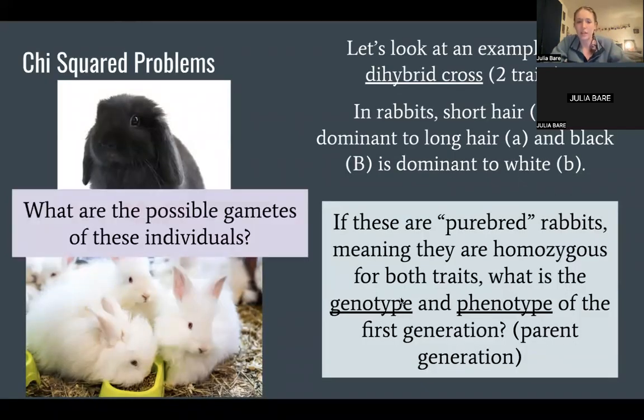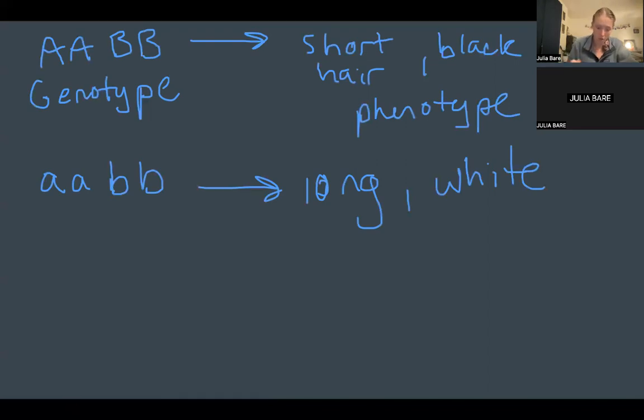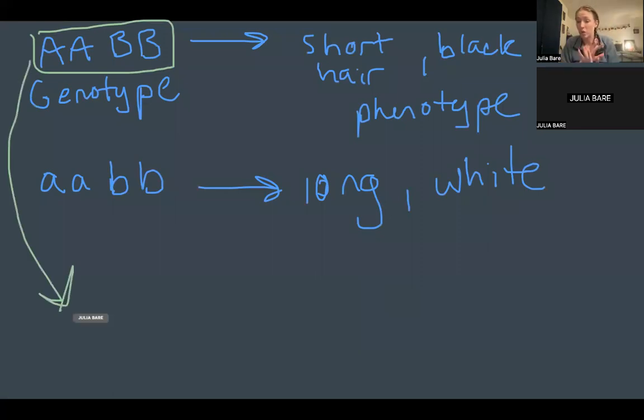All right, so now let's ask a slightly different question. What are the possible gametes of these individuals? All right, so let's go back. Well, the first individual, if we're making gametes from these sets of alleles, remember, there's going to be crossing over that happens, there's going to be independent assortment, and there's going to be random fertilization with these gametes.